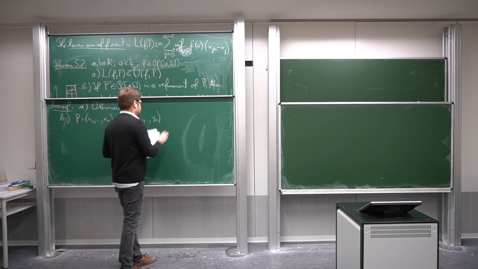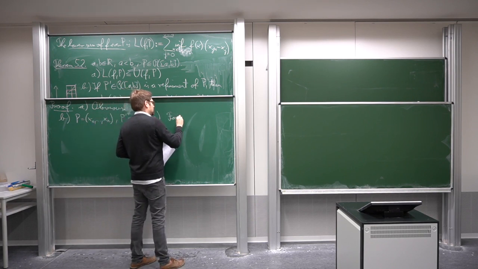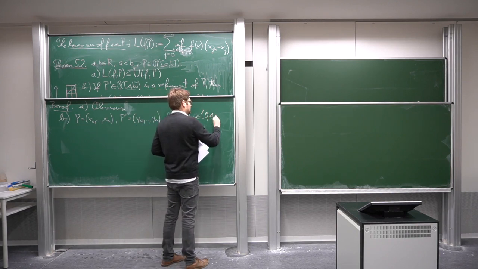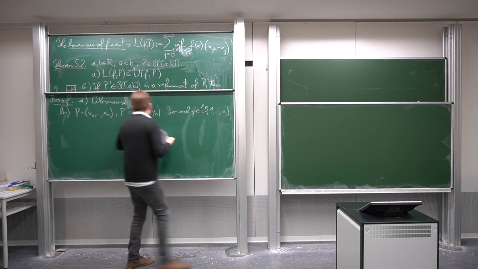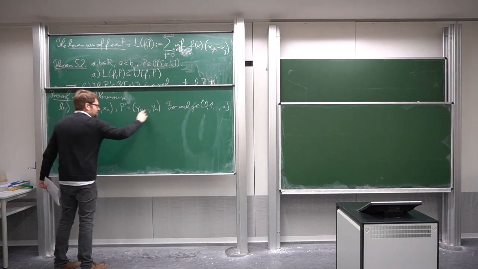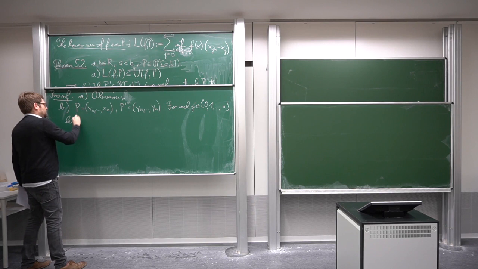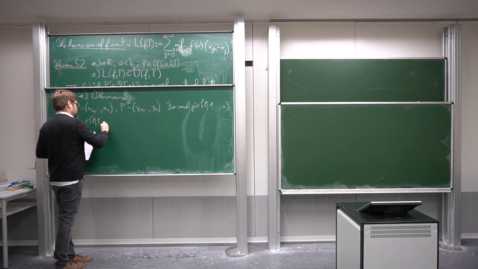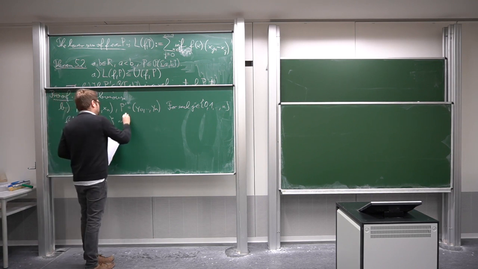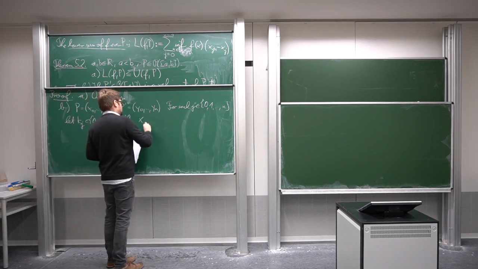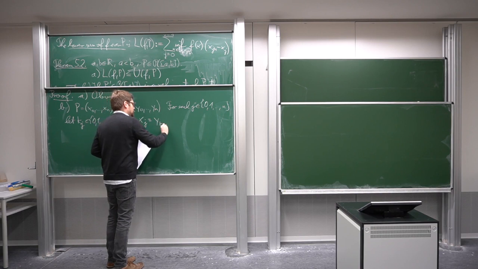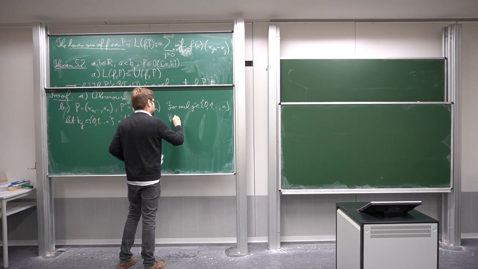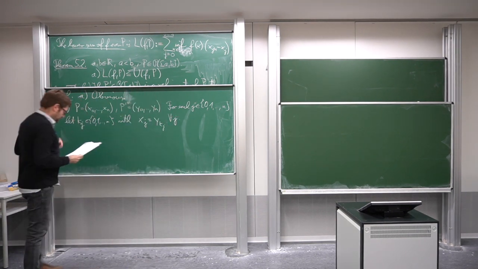And so for each j between 0 and n, we have some index k_j between 0 and m with x_j equal to y_{k_j}, for all j. So this is the definition of the refinement.